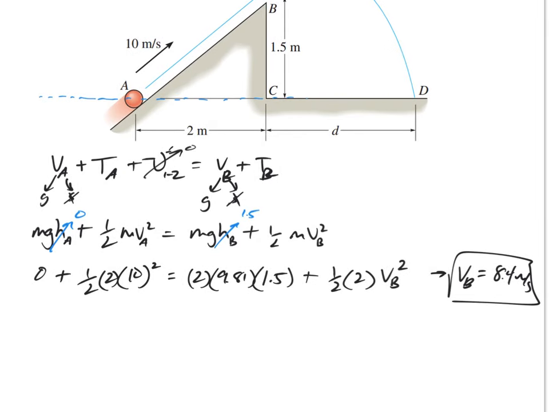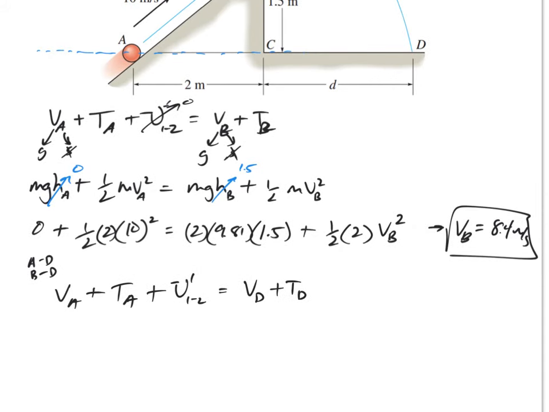It also asks for the velocity at D. So I can go from all the energy from A to D, or the energy from B to D. But any way I do it, I'm still going to be doing this conservation of energy, VA plus TA plus any non-conserved work, now this is VD, TD. All right. So the left-hand side of this equation stays the same. That's 0.